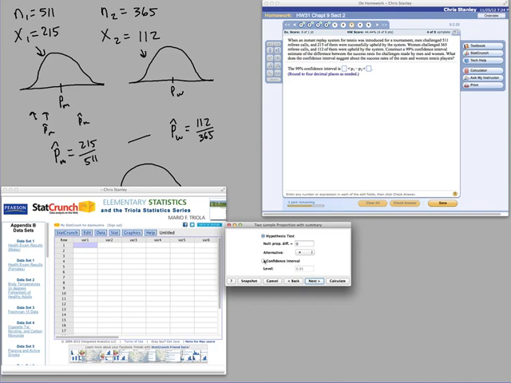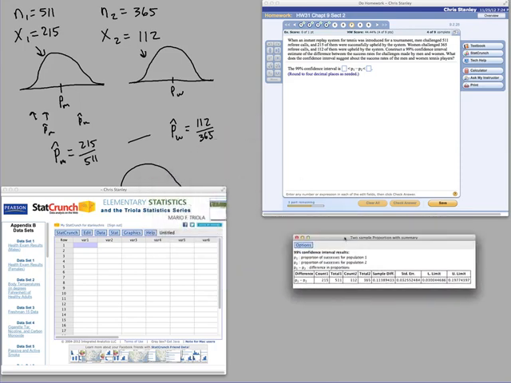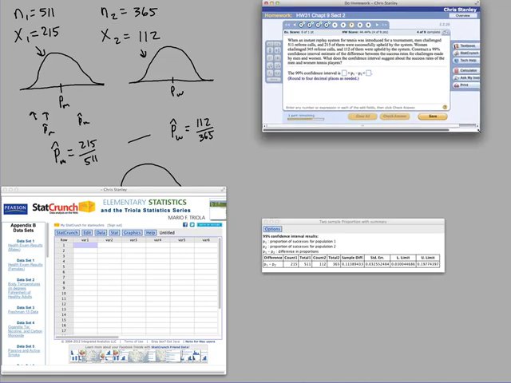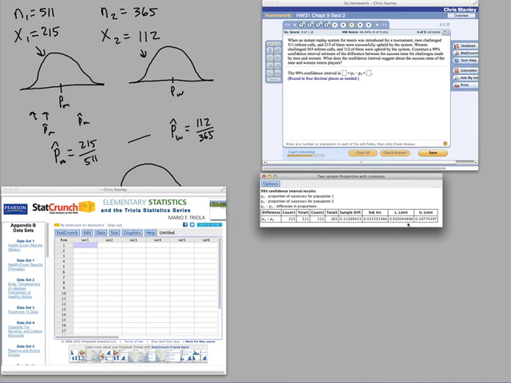Now we're doing confidence interval, so we want 99%, and calculate. This would be the lower limit, which, to go 4 digits, is 0.03.